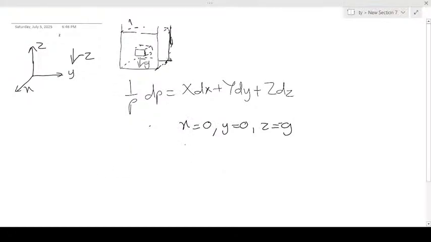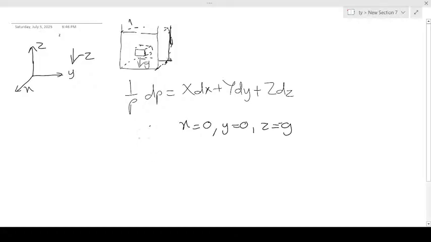Yes. So since in the z direction the only force influencing this is our acceleration due to gravity going the negative z-axis, this g becomes negative.